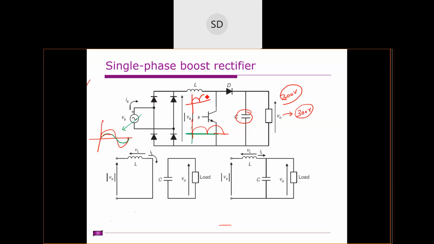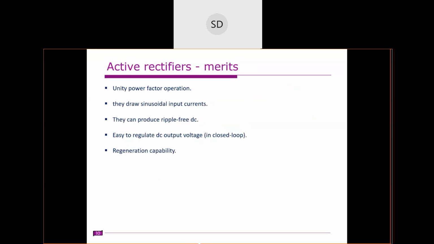This must also be in this shape so that the source current will be sinusoidal. Agree? If you get an inductor current of this shape, that means automatically the source current will be sinusoidal before the diode bridge rectifier.